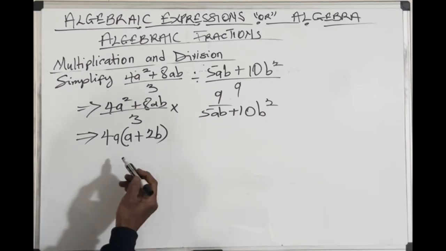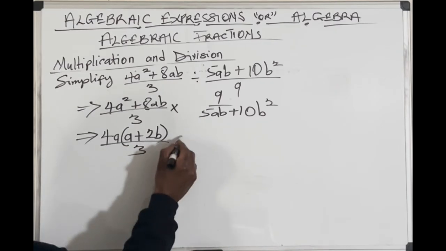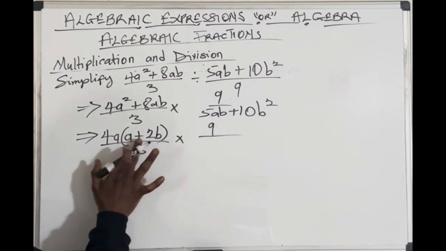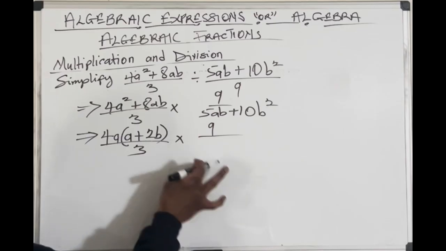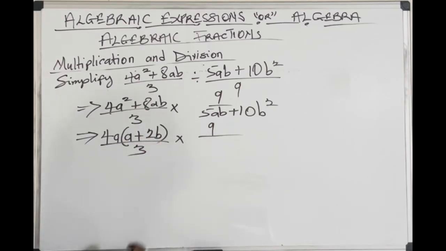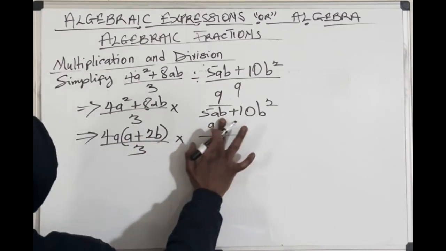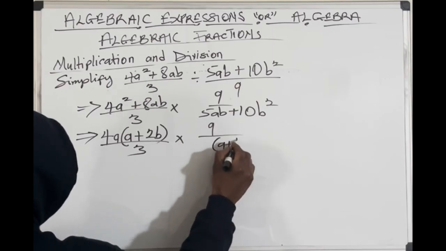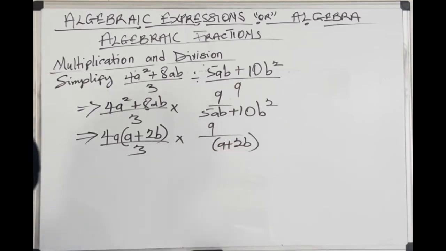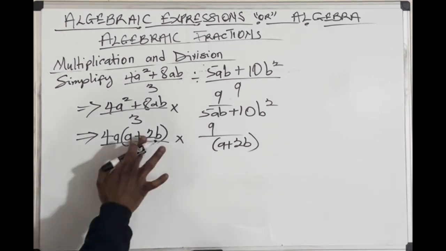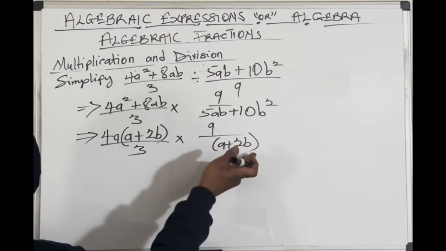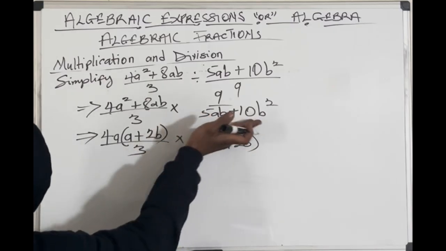So over 3 times 9. The idea is to get the same thing here, a plus 2b, so that we can just cancel. So we put the same thing here and then try to work our way out.